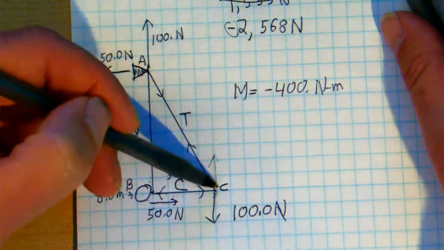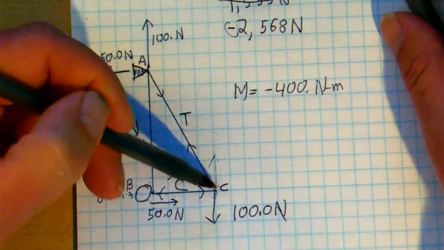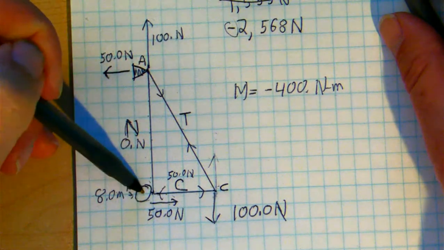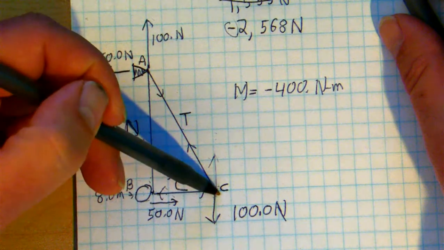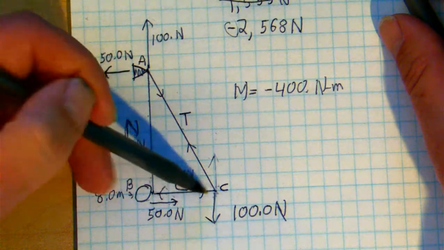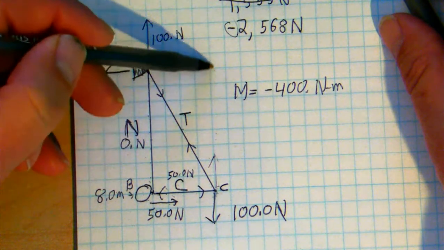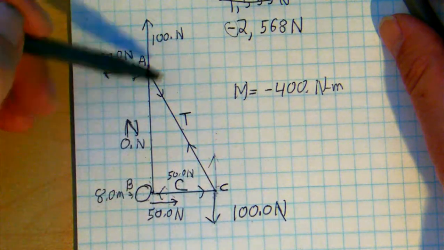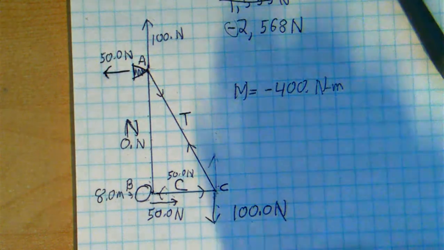The vertical component is 100 newtons. The horizontal component is 50 newtons to the left, because BC is pushing C to the right by 50 newtons. AC must be pulling C to the left by 50 newtons. So I can tell you that the vertical component of AC is 100 newtons. The horizontal component of AC is 50 newtons.